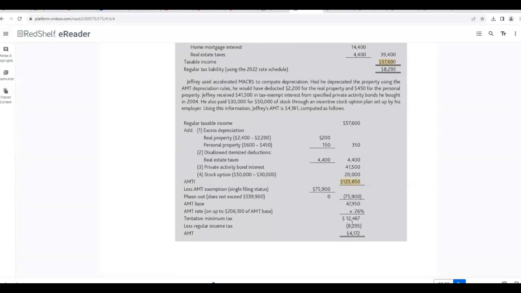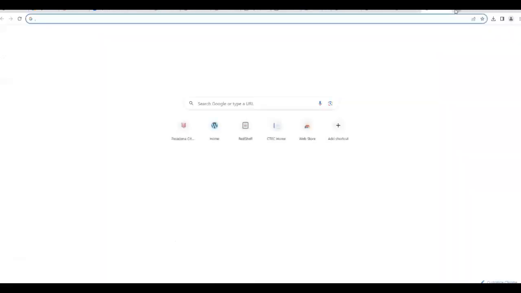However, this guy is already paying $8,295 for regular income. IRS says, can you please pay another $4,172 as alternative minimum tax, please? So this guy ends up paying at least 12,467.